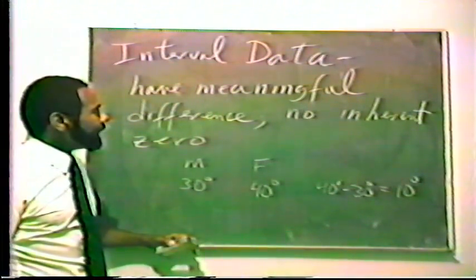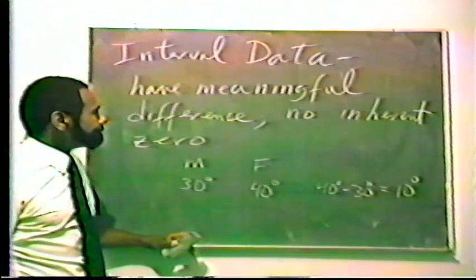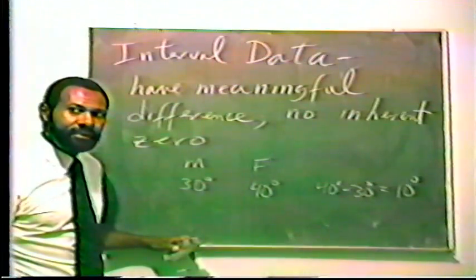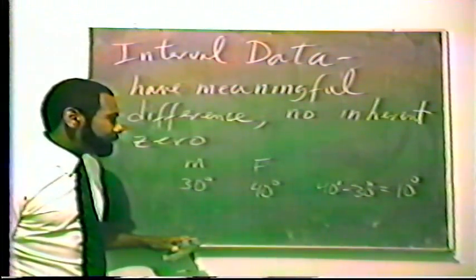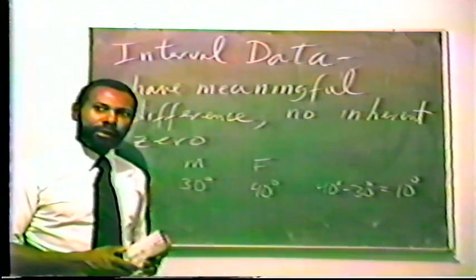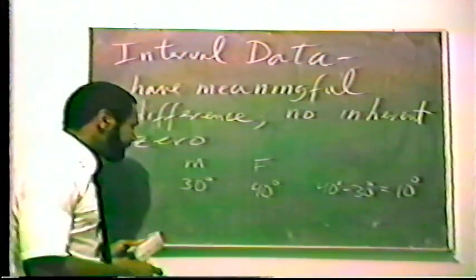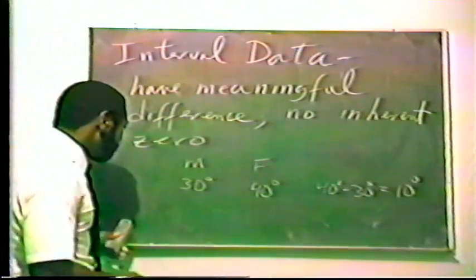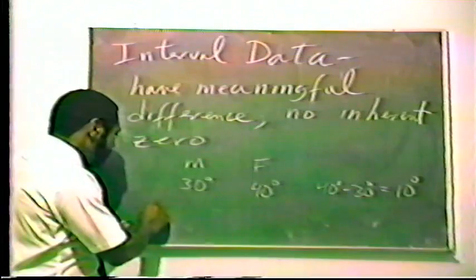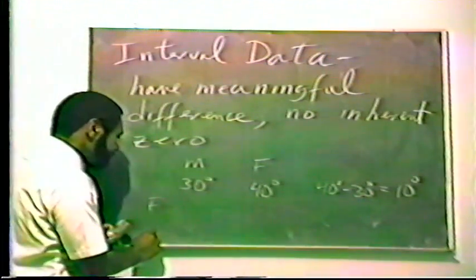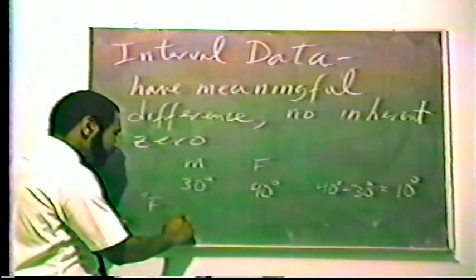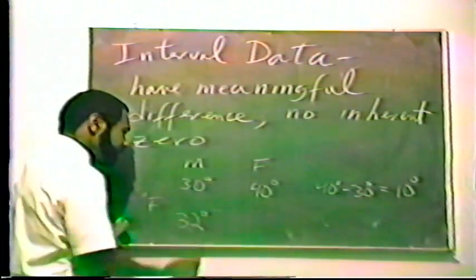do not have inherent zeros. For example, if we look at the freezing point of water on the Fahrenheit scale, degrees Fahrenheit, the freezing point of water would be what? 32 degrees.